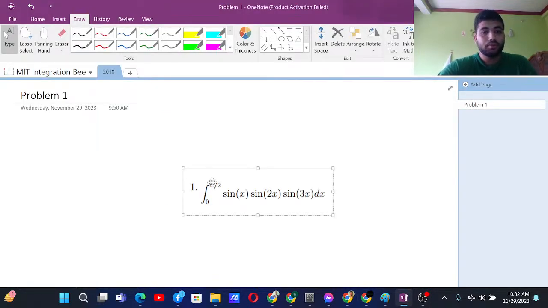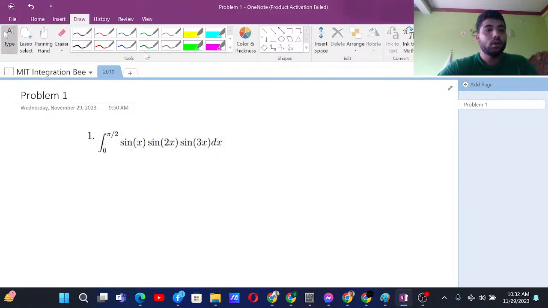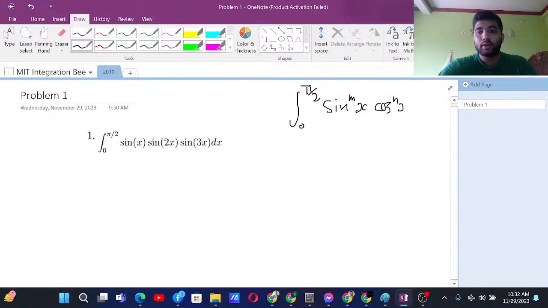The first is this problem 1. So we have this integral from 0 to pi by 2, and this product of trigonometric ratios. Since it's from 0 to pi by 2, we immediately think of using beta gamma functions and this identity. Integral from 0 to pi by 2 of sin^m x cos^n x dx is 1 by 2 of beta of (m plus 1) by 2, (n plus 1) by 2.